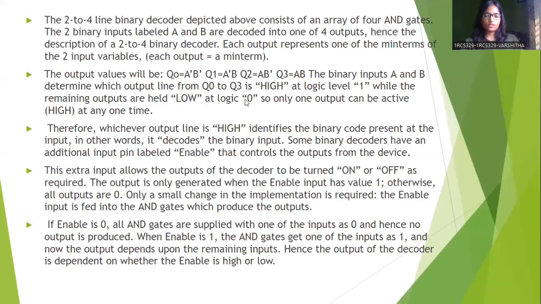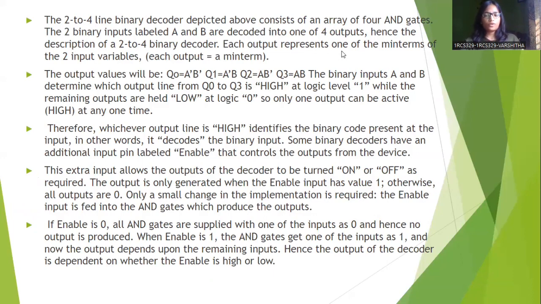Here is the explanation of the 2:4 decoder implementation, where the 2 to 4 line binary decoder consists of an array of 4 AND gates. The two binary inputs A and B are decoded into one of four outputs, hence the description of a 2 to 4 binary decoder.